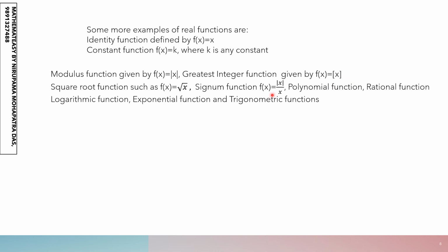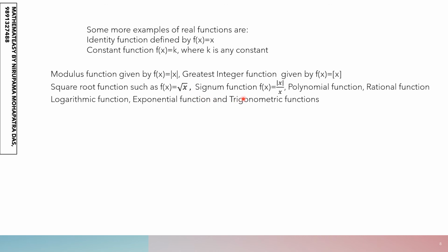Again, we will be discussing this. Square root function, like f(x) equal to root x. This f(x) equal to root x is defined when x is greater than or equal to 0, because we do not have any real number whose square is negative. That's why x cannot be negative.